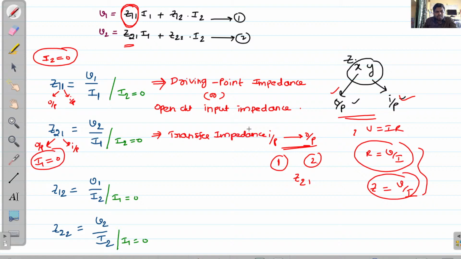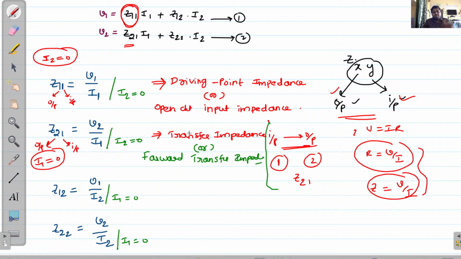Some textbooks refer to this transformation from port 1 to port 2, so they call it forward transfer impedance.